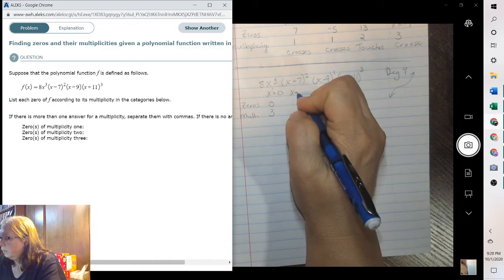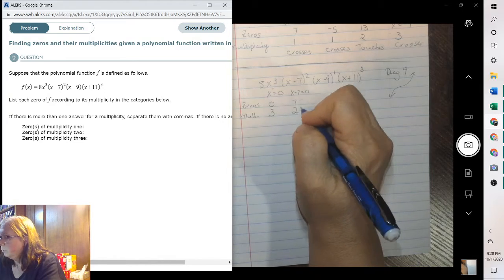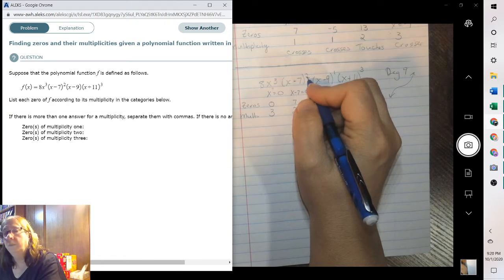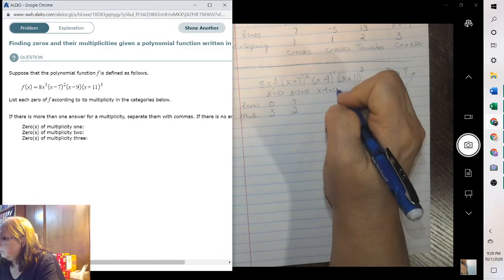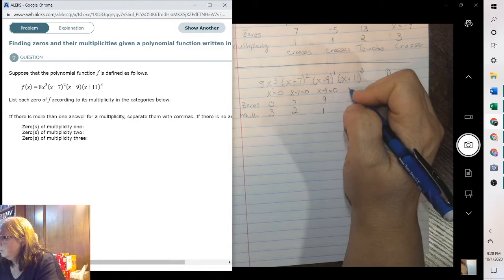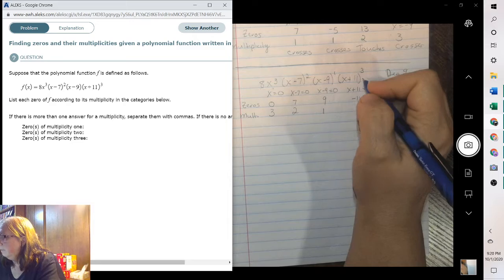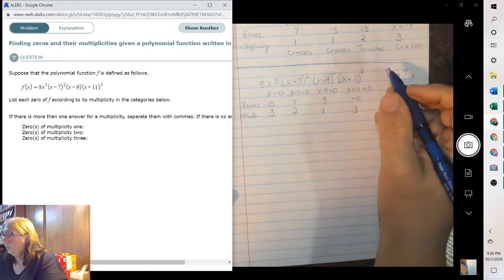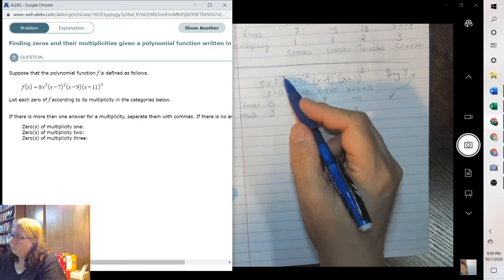This one, x minus 7 equal to 0, gives us 7 with a multiplicity of 2, coming from the exponent. X minus 9 equals 0 gives us 9, and the exponent is 1, which is the multiplicity. And x plus 11 equals 0 gives us a negative 11, and the multiplicity is 3. So these multiplicities are just the exponents that are on it.